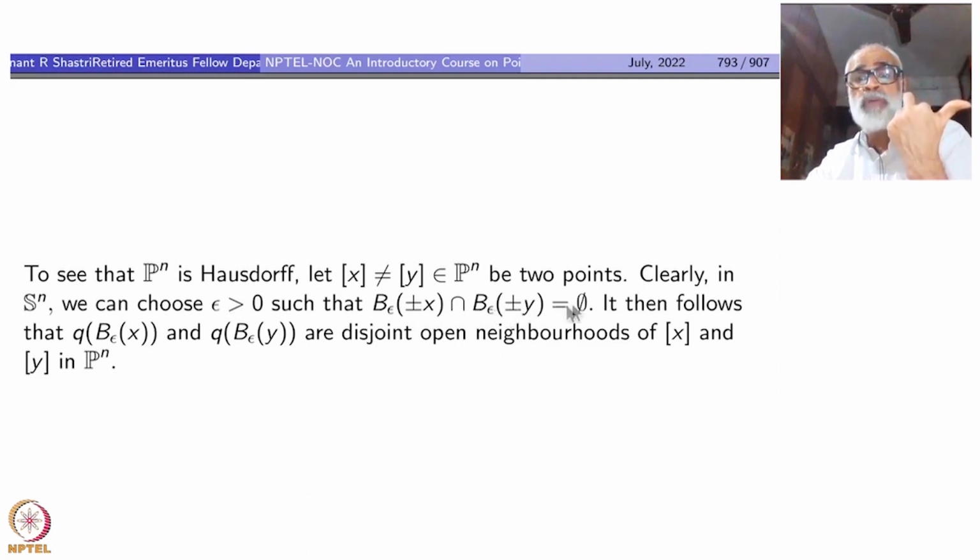All these 4 balls will be disjoint, because of the way I have chosen this epsilon. So when you take their images under Q, they will be disjoint neighborhoods of bracket x and bracket y.